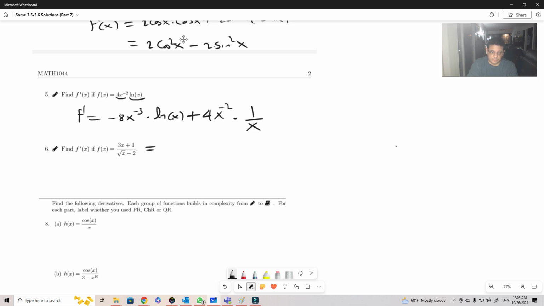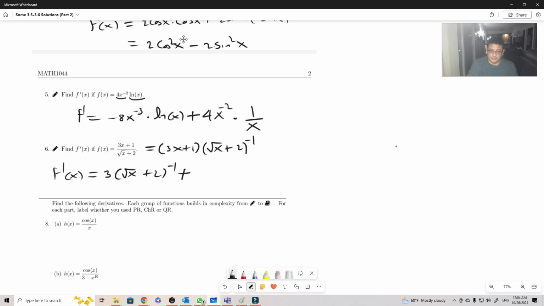Now here we have a quotient rule, and this quotient rule we can do as a product rule if we just write this to the minus 1. Okay, and so now this will become a product rule with a chain rule. So f prime of x will be the derivative of this, which will be only 3, times square root of x plus 2 to the minus 1.